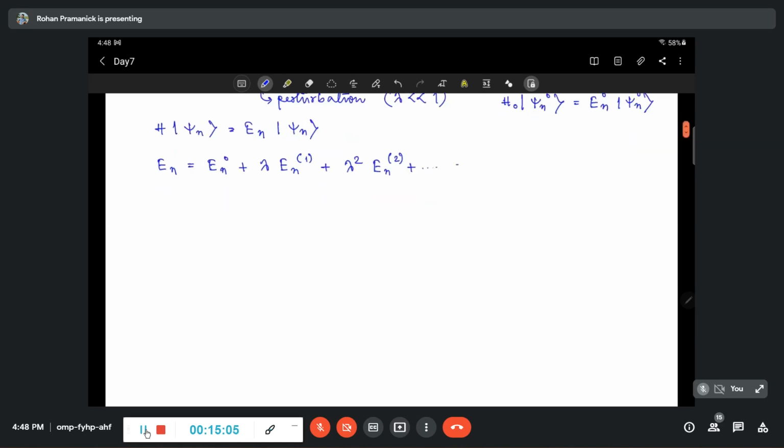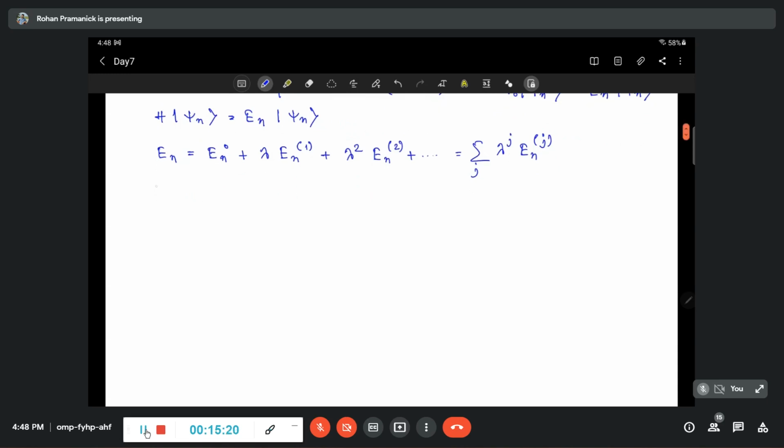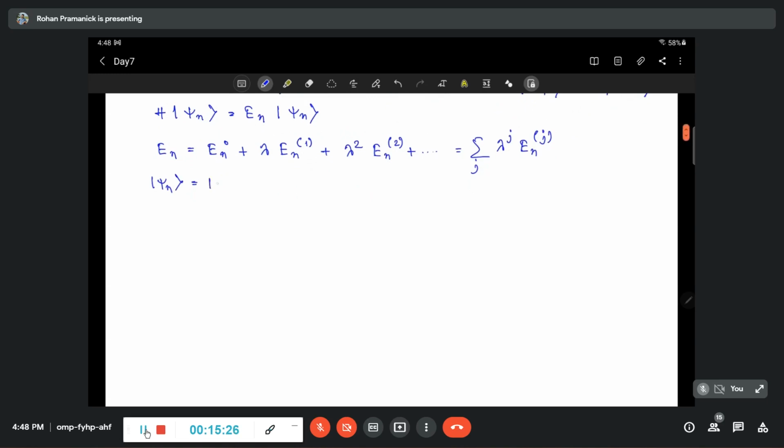So this is nothing but the sum over j of lambda to the power j En j, and psi n, the wave function of the actual system, is nothing but the unperturbed one plus the first order correction plus the second order correction and so on, which we can write in a compact notation as the sum of lambda to the power j psi n j.